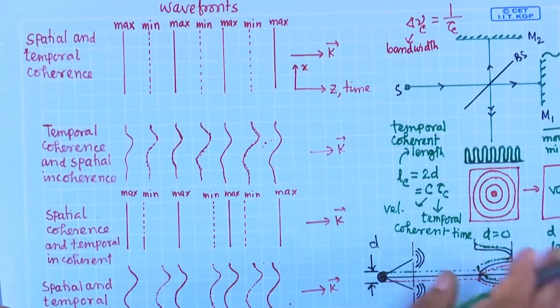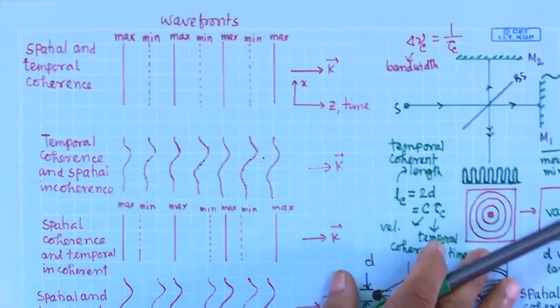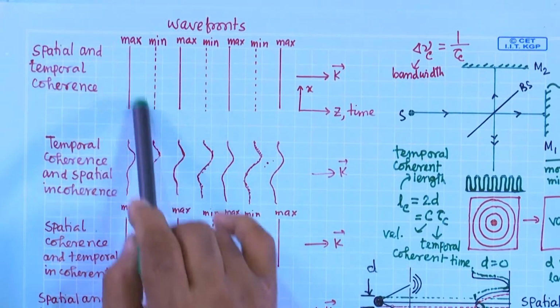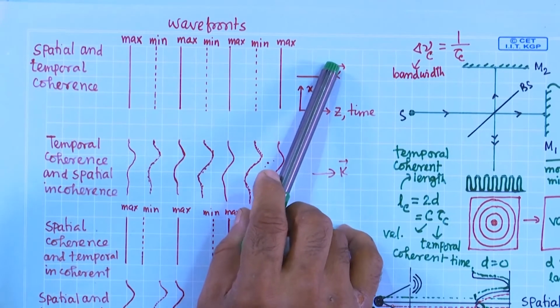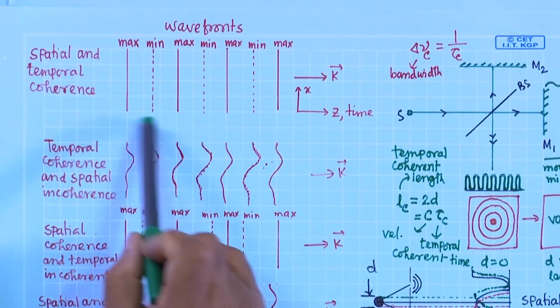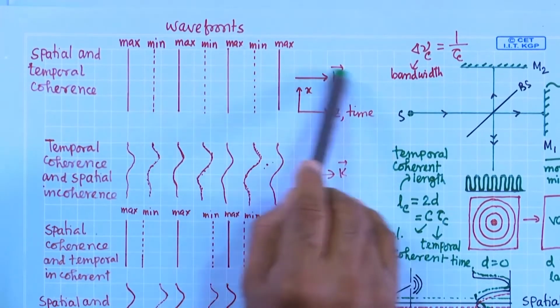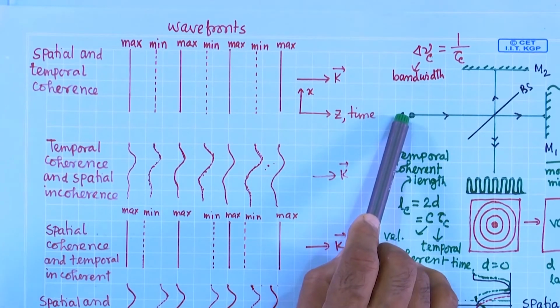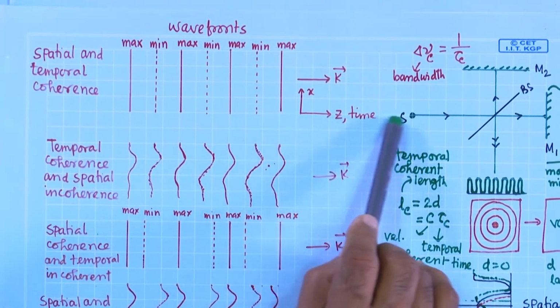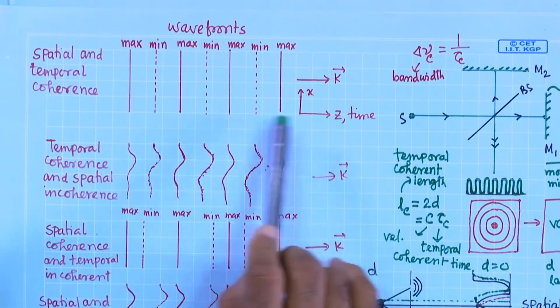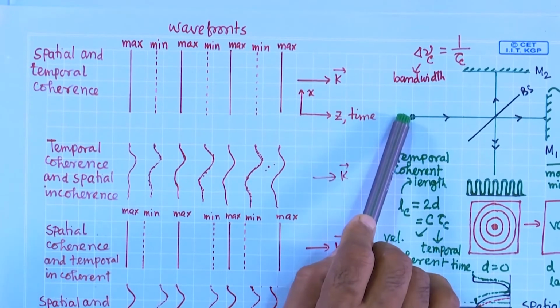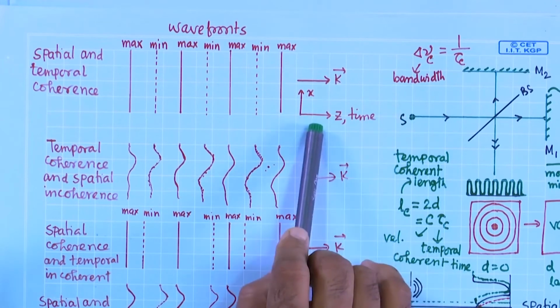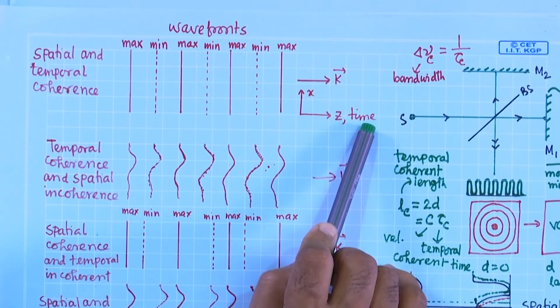If I discuss slightly more, we can understand this in this way also. This is a plane wavefront we have taken, propagating in this direction, so this is the space axis, z, as well as the time axis.